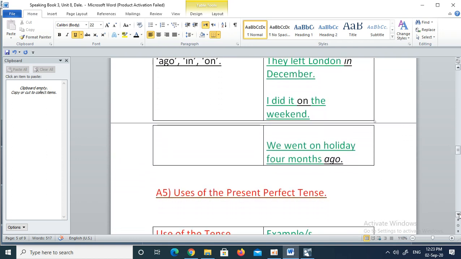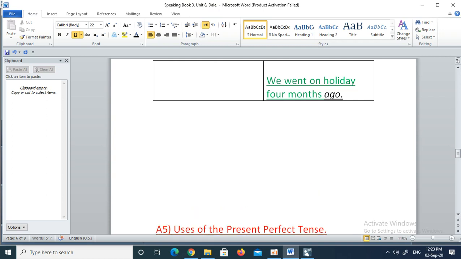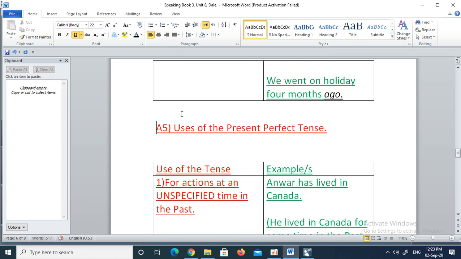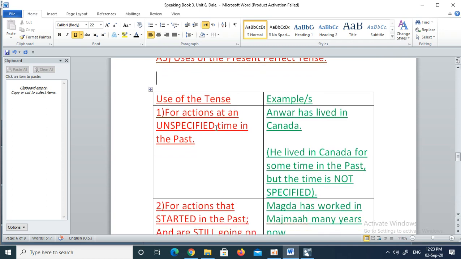Okay. Now, uses of the present perfect tense. We use the present perfect tense for actions at an unspecified time in the past.